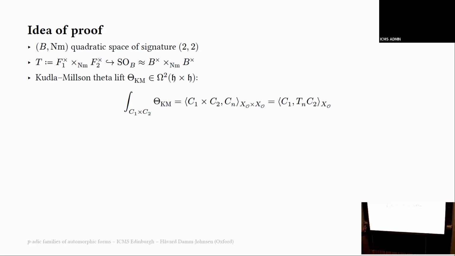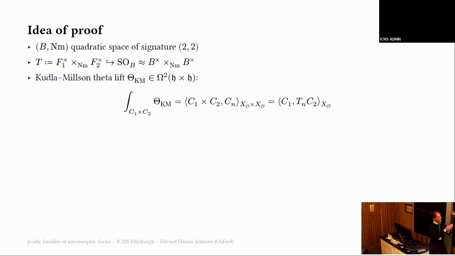I'm missing a sum over n here. Yes, sorry about that. The moral of the story is that the nth Fourier coefficient of the Kudla-Milson theta lift is Poincaré dual to the nth Hecke correspondence, and this is a theta lift from SL2 up to SO(B).